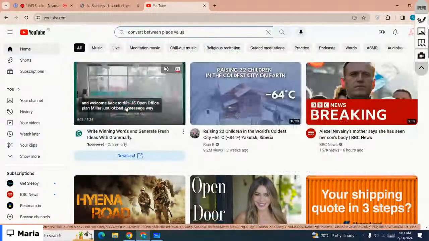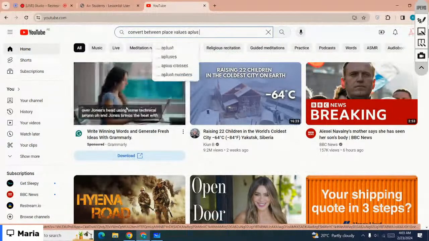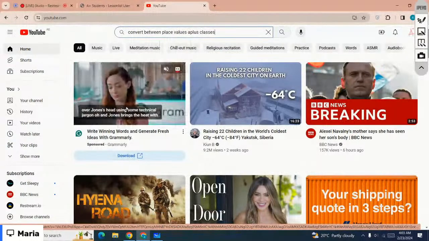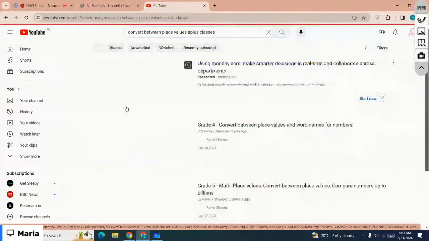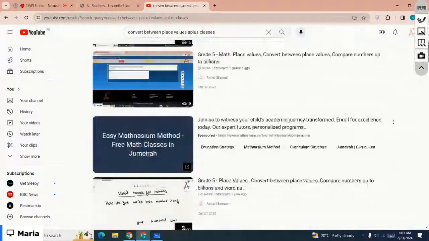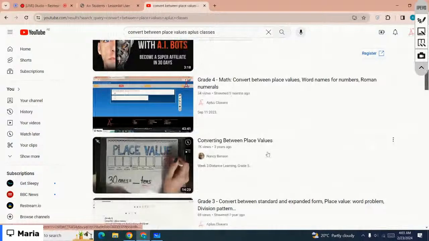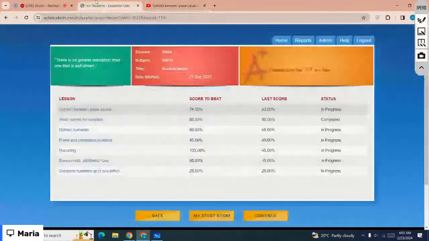Just write down the lesson name followed by the channel name, and here we go. Here it is. You can see the grade 4 lesson. So you can just search these lessons and start working on them. Okay, now let's start with the first lesson, that is convert between place values.